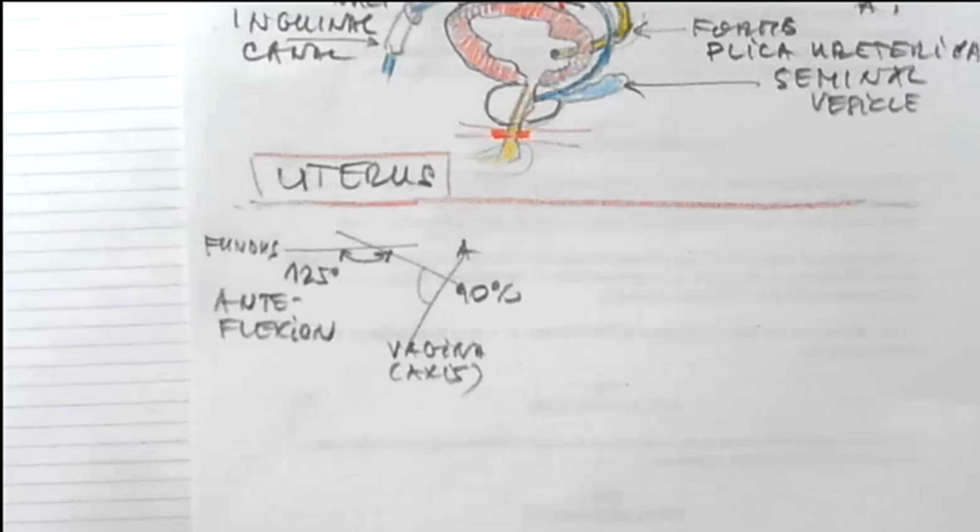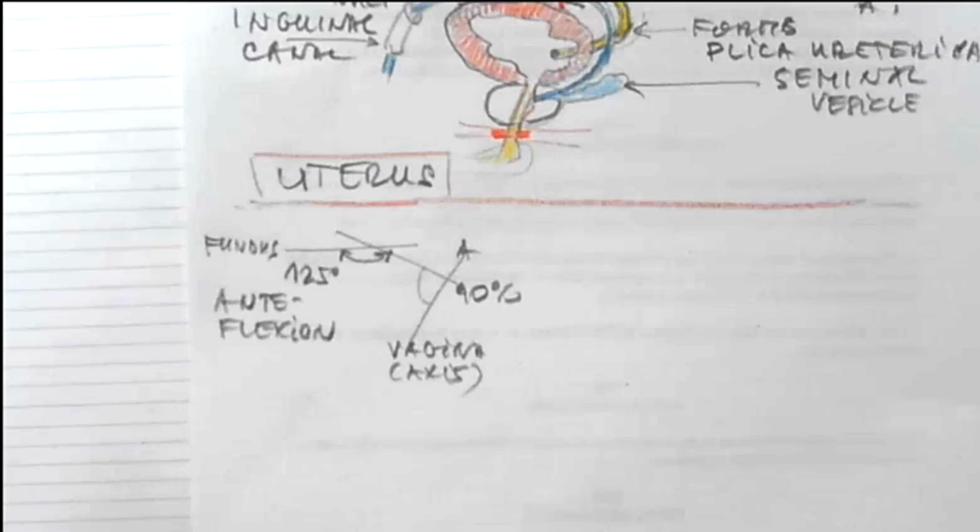But on the lateral side there is the cleft in the covering, which is called ligamentum latum, the broad ligament of the uterus. This is covered by peritoneum.